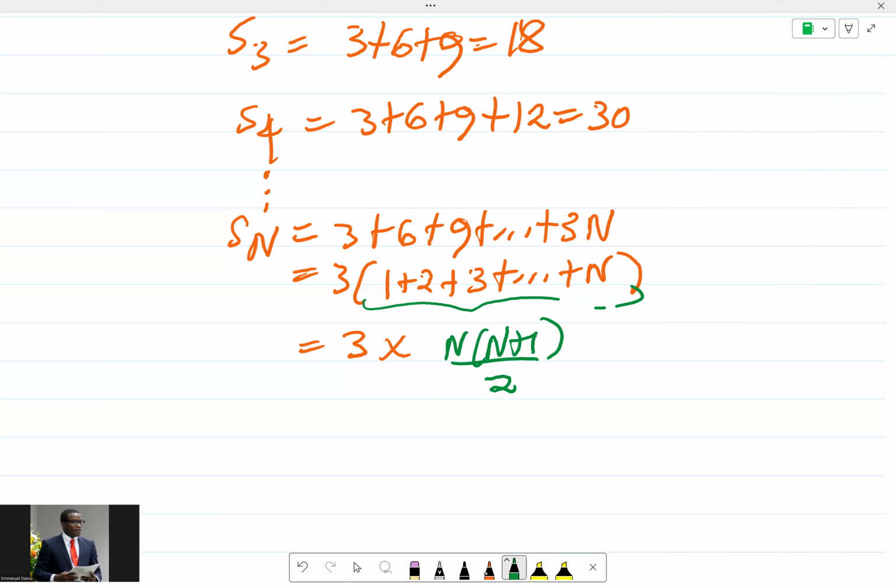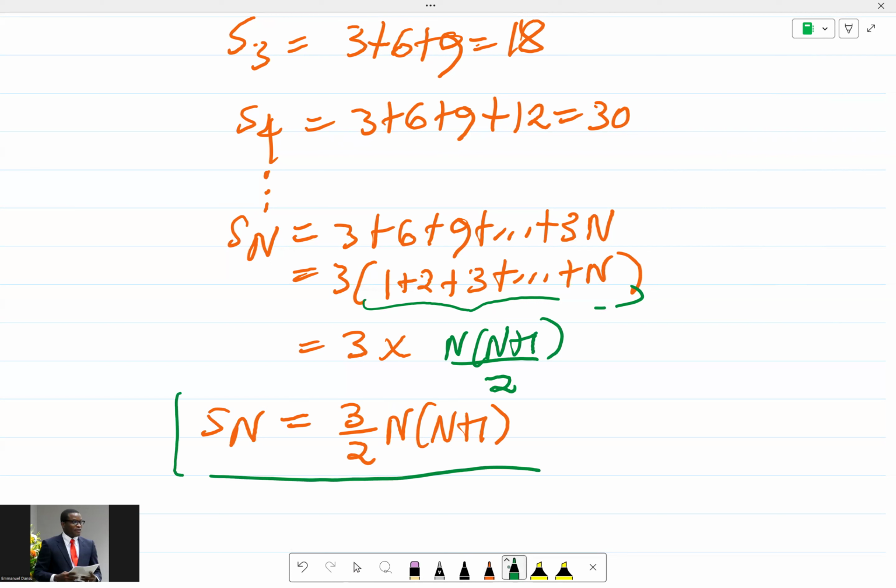So here we see that Sn is equal to, if you like, you can say 3 over 2 into n, 3 over 2 n into n plus 1. You can actually do it this way. So this is the partial sum up to n.